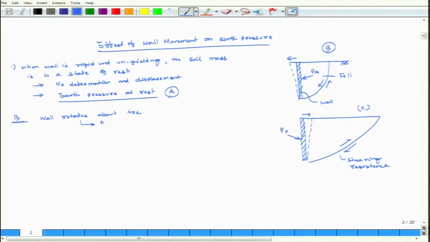It means moving away from the fill. Then the soil mass expands. Suppose there is a wall here, there is a soil mass and it is moving away. So, this soil mass will expand.